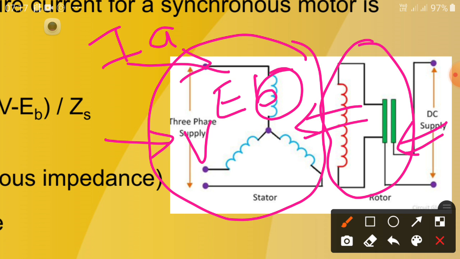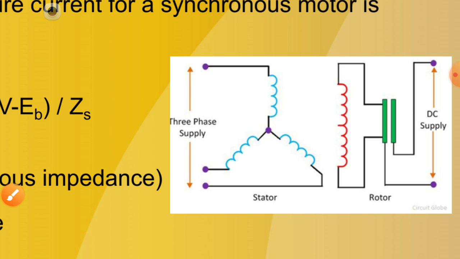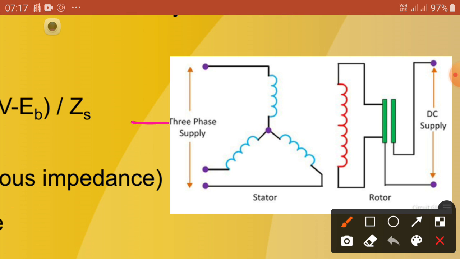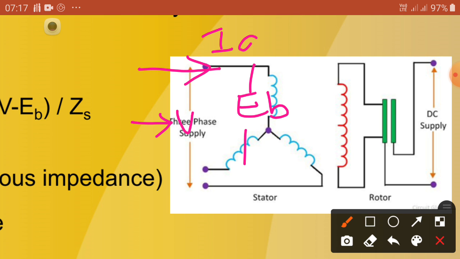It has a 3-phase winding, and per phase we calculate the impedance, R plus jX, that is, resistance plus inductive reactance. This is the applied voltage V, and here the developed voltage is EB. The current passing per phase is the armature current IA, and each winding has the synchronous impedance Z.